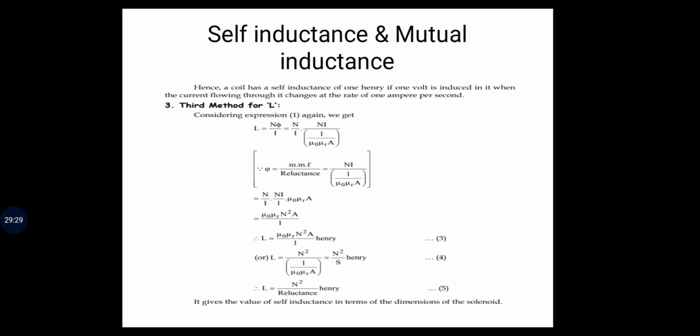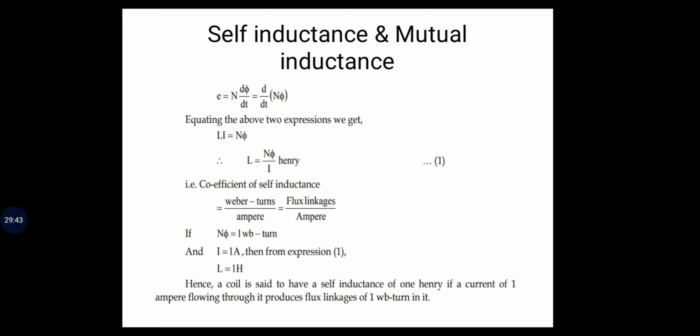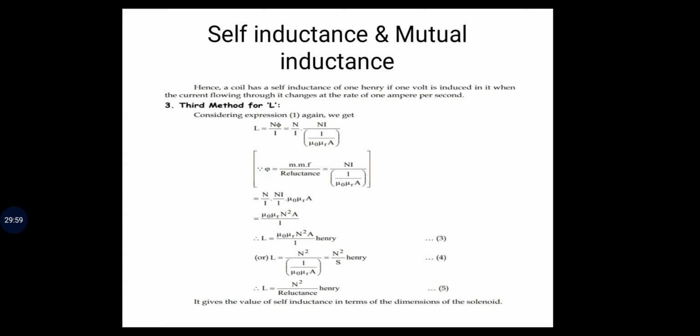These are the three methods for finding L, with different formulas. First formula is L equal to N phi by I. Second formula is L equal to minus V by di by dt. Next, L equal to N square by S. Thank you very much.